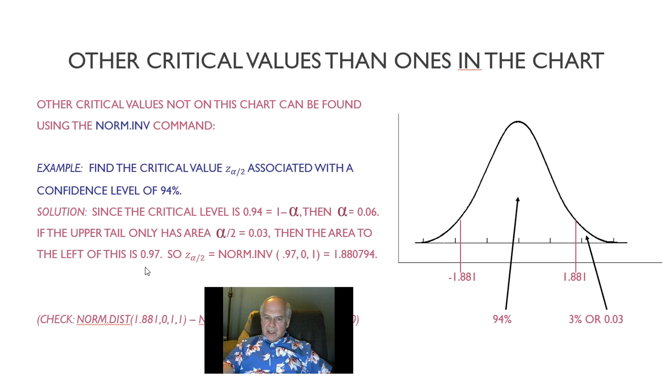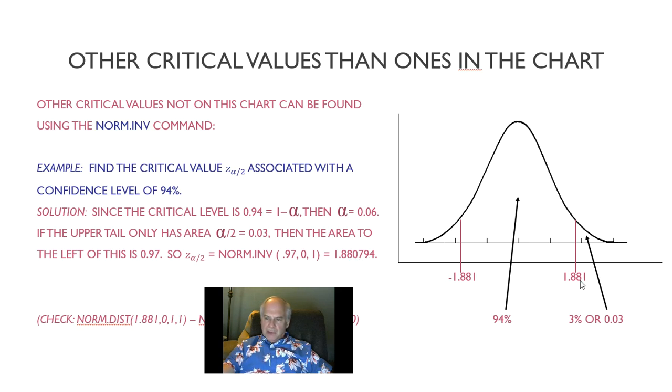So if it's 3% to the right of this critical value on the upper side, then it's got to be 97% to the left of that. So in your norm.inv command, you say norm.inv 0.97, comma 0, comma 1. And that will give you the critical value.